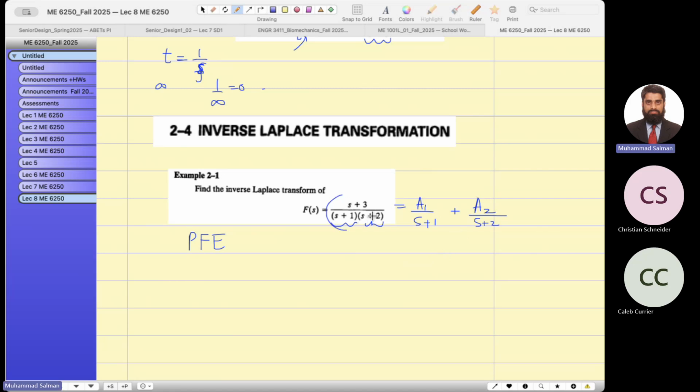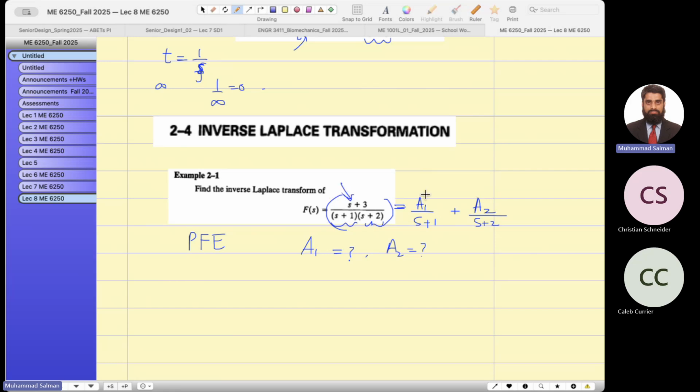So I wrote down the left hand side, which is F of s, in terms of two separate partial fraction expansion coefficients, a1 and a2. Now my job is to find out a1 and a2, and then I will do the inverse Laplace, and I will show you how to do the inverse Laplace in a bit. So look, can I multiply both sides?